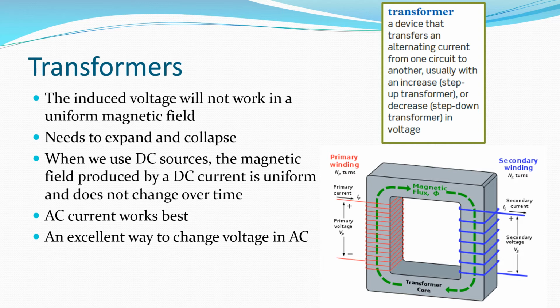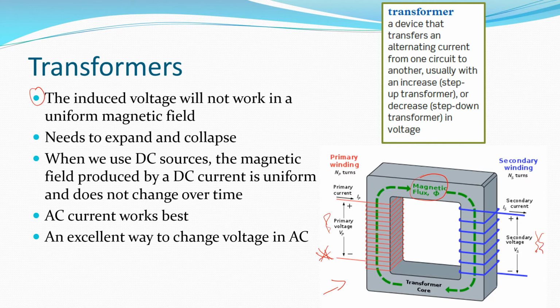So transformers, what do we have to understand here? The induced voltage in the second coil will not work in a uniform magnetic field. If we have a look at a little diagram here, you have your primary voltage over here. This is your primary coil, and your secondary one over the other side. The coil on the left-hand side has a current flowing through it, usually an alternating current, and because it induces this magnetic flux in that core, it will induce a current to flow in the secondary coil.